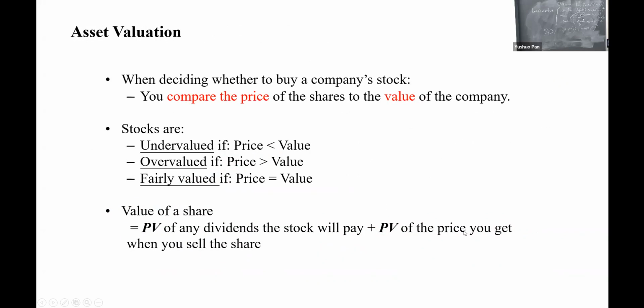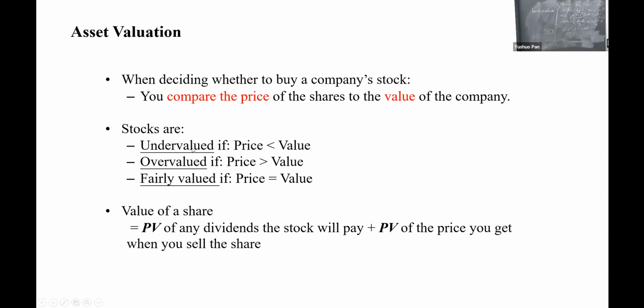So, asset valuation. When deciding whether to buy a company's stock, that's what we are going to talk about: how to allocate our assets, how to save our money to buy stock or bonds. If we want to buy the stock, we have to know whether to buy this company's stock or another company's stock. You need to compare the price of that share to the value of the company.